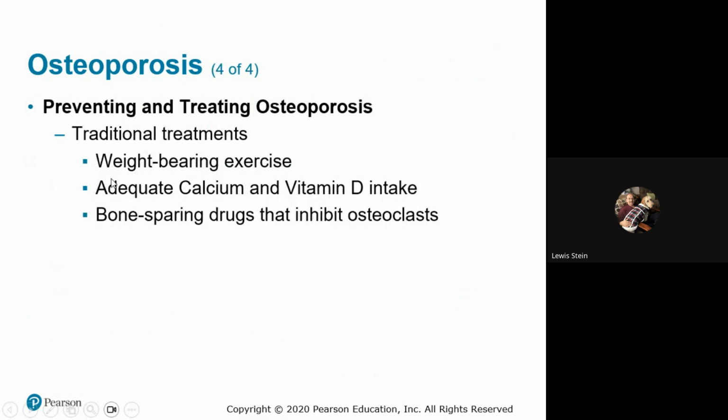So what are we going to do? Traditional treatments: exercise, vitamin D, bone-sparing drugs. Typically, we think the underlying thing is that osteoclasts become activated by a variety of these factors. One of the things they use a lot are called bisphosphonates. Calcium and phosphate kind of go in opposite directions.